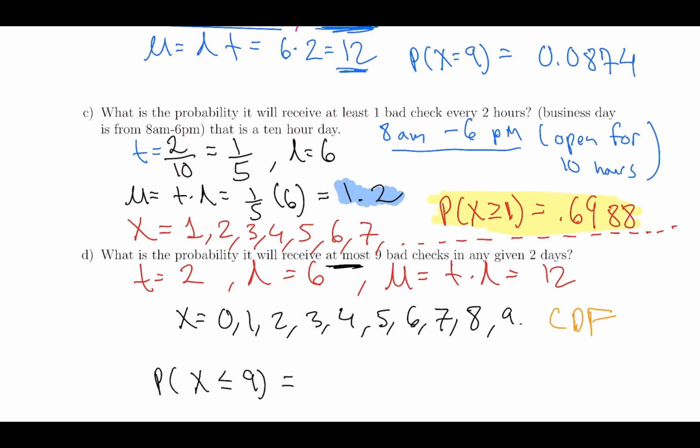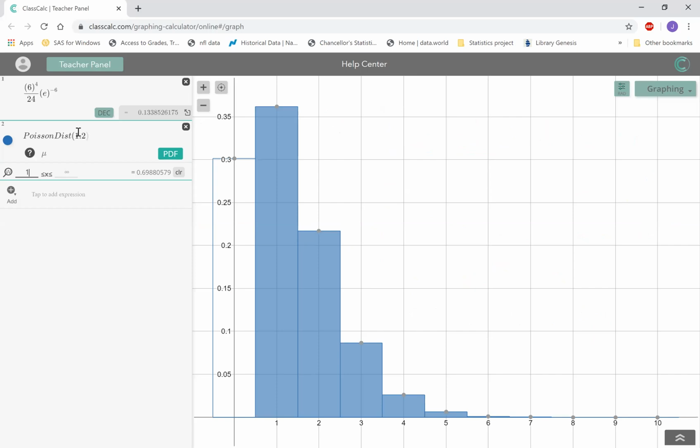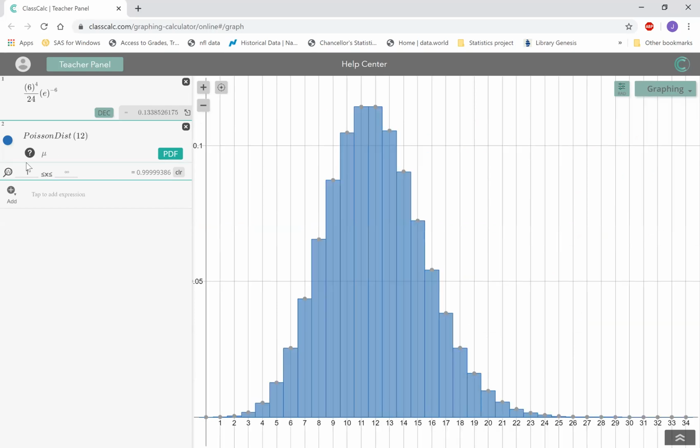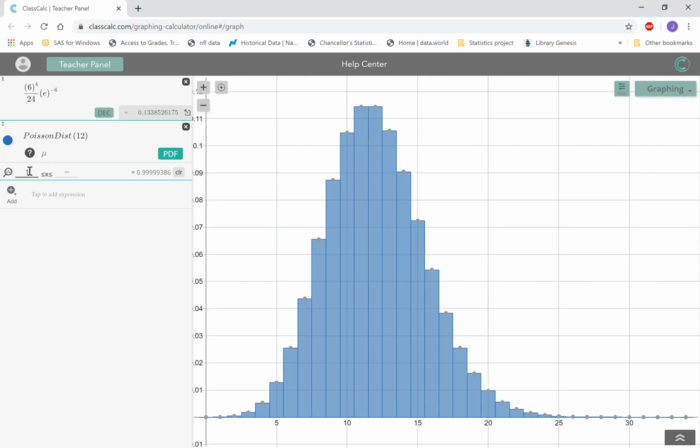All right, so I'm gonna transition over to class calc, and I'm gonna make these calculations. All right, so the first thing I'm gonna do, change my mu from 1.2 to 12. I'm gonna adjust the picture. So now we're still gonna be doing CDF, but we're gonna go from 0, and we're gonna switch it to 9.